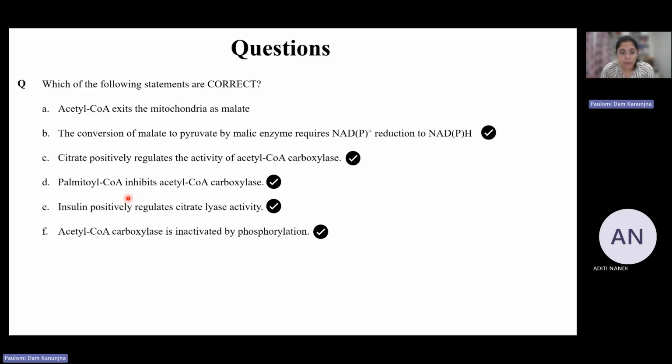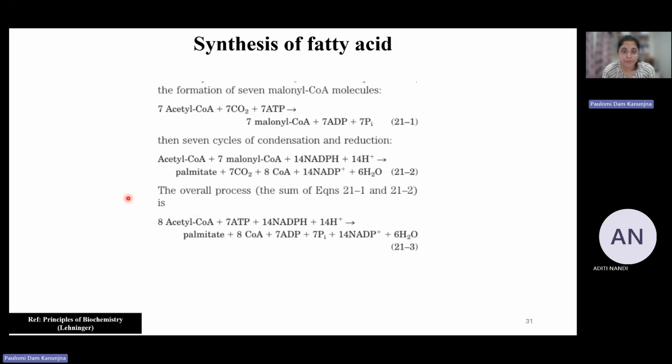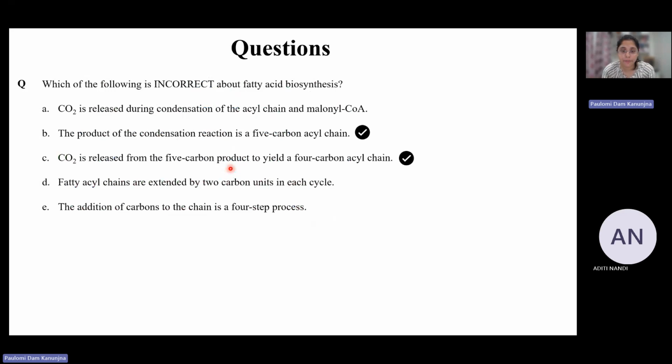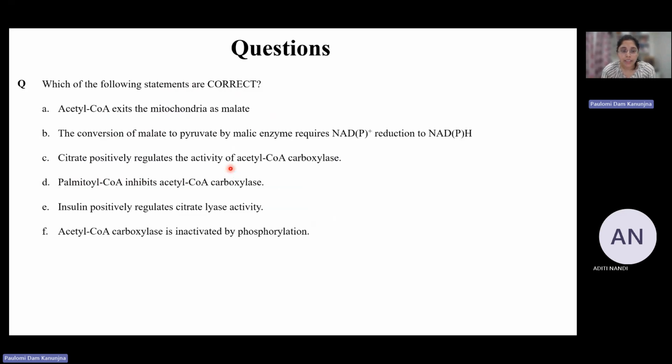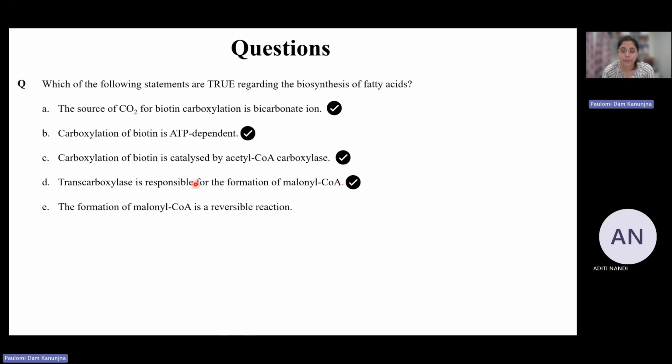Next is citrate positively regulates the activity of acetyl coenzyme A carboxylase. When you go back in this slide here, you will see this is correct. This is positively regulating it. And then we have palmitoyl coenzyme A inhibits acetyl coenzyme A carboxylase, which is also something that we had already looked into.